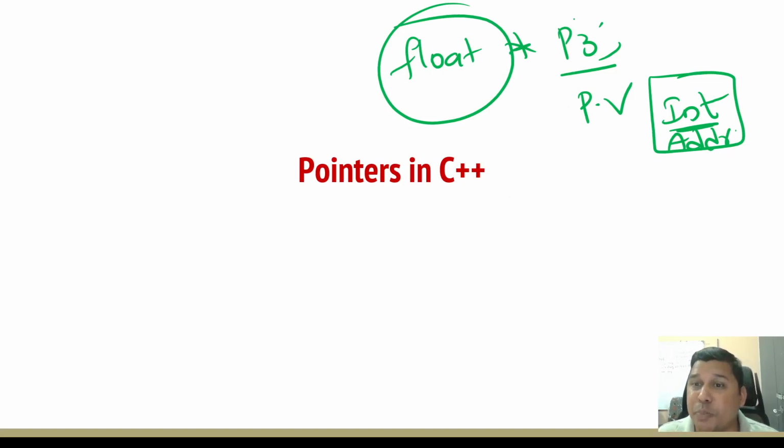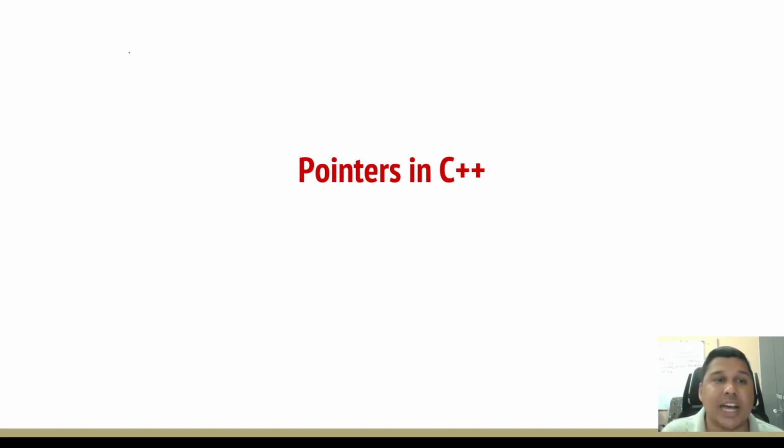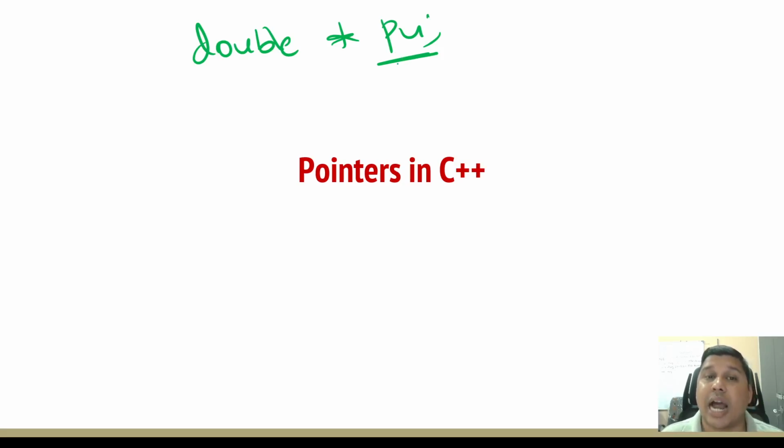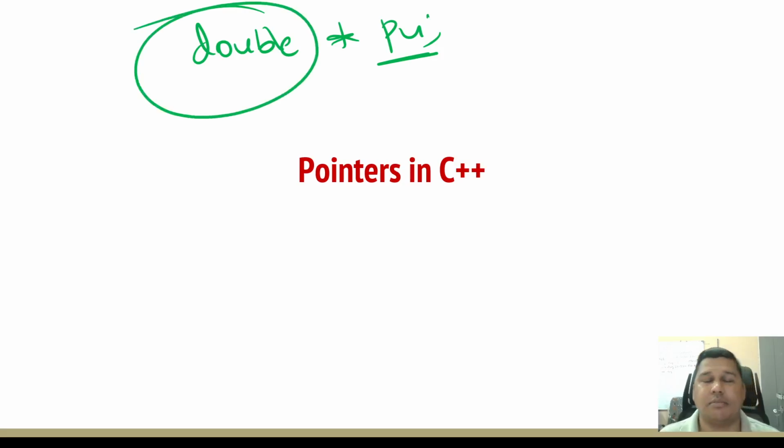That is the meaning of p3. That's why, when somebody asks me what this double star p4 means, it means p4 is an integer pointer variable which stores the address of a double variable.